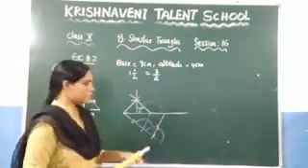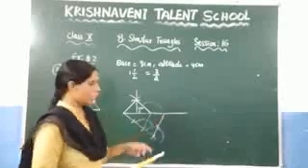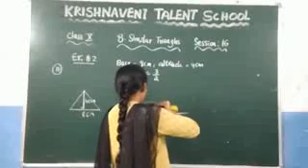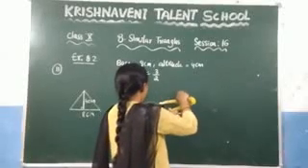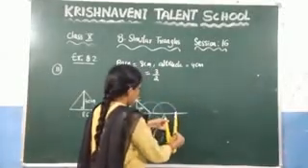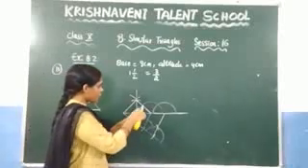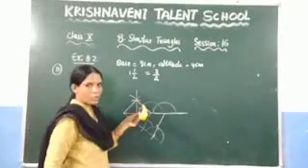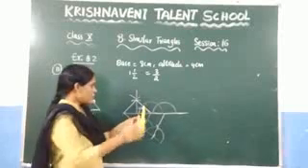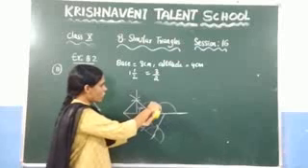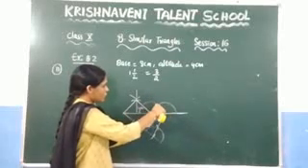Again, without changing this radius, at this point draw one more arc. Now you need to measure the length of this arc. Here, at this point, draw one arc. I am drawing here.